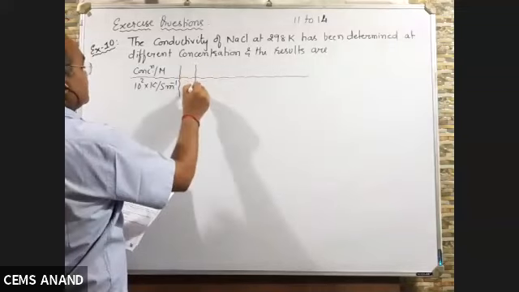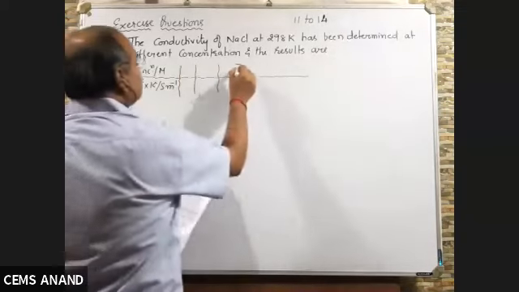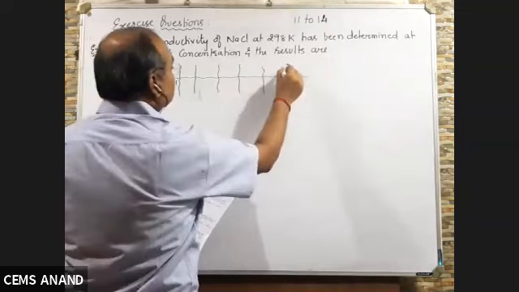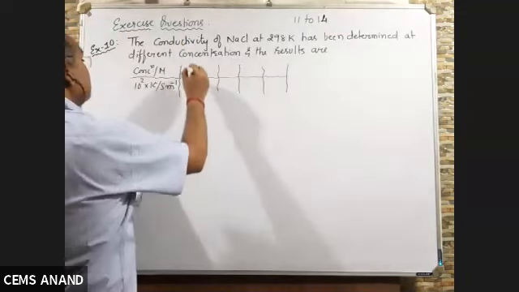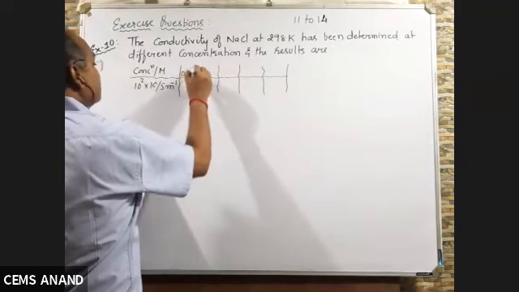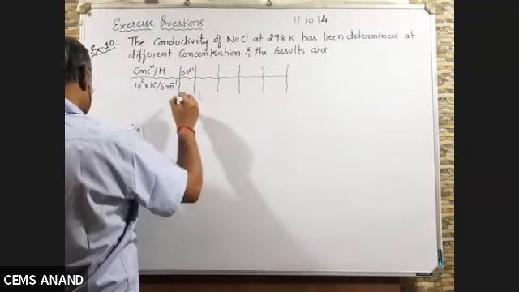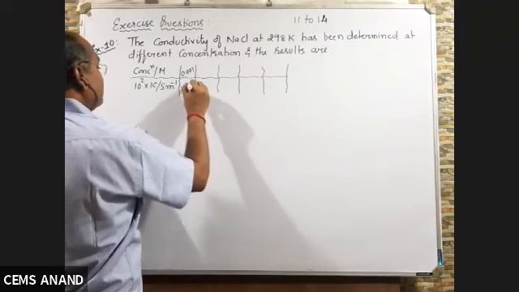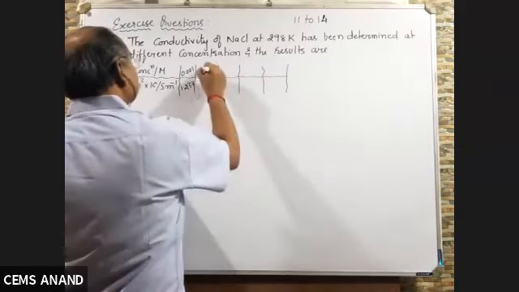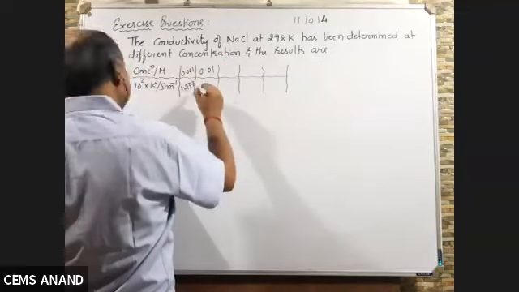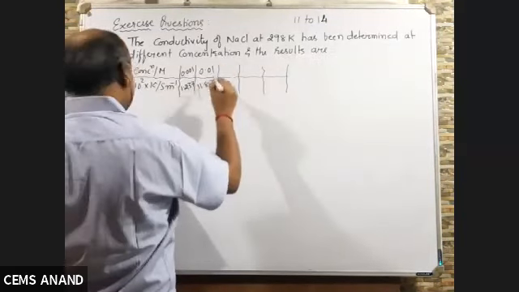Five values are given: 1, 2, 3, 4, 5. The first value is 0.001 and this is 1.237. Second is 0.01, 11.85.